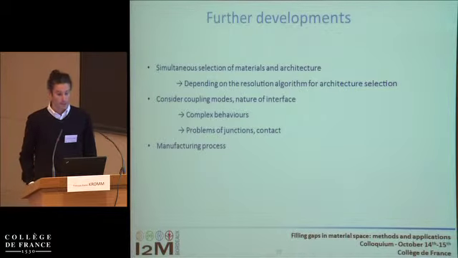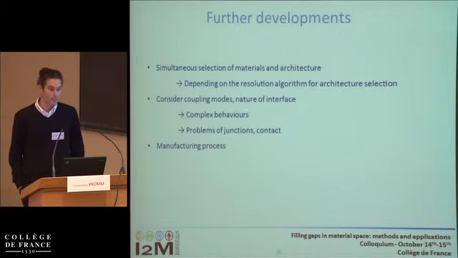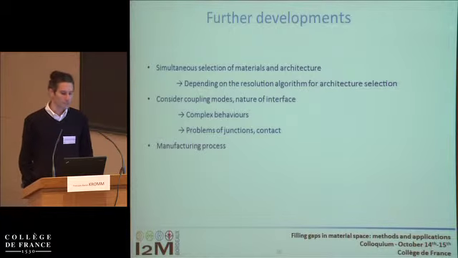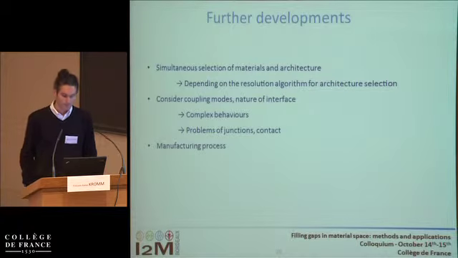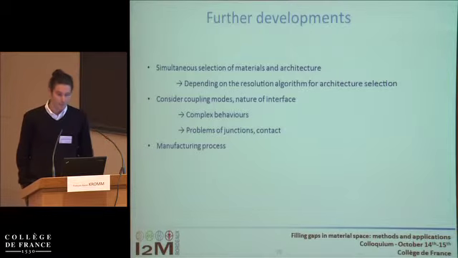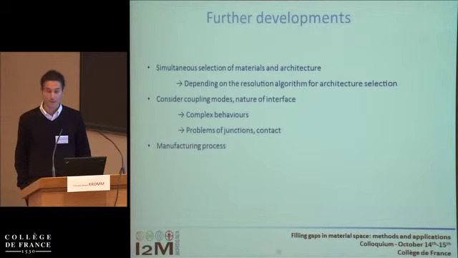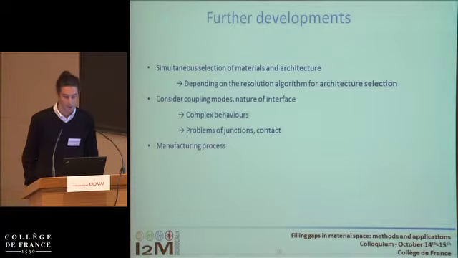So concerning this study, the further development will be the simultaneous selection of materials and architecture, which will depend on the resolution algorithm that will be chosen for the architecture selection, because it will add more parameters. Then it would be interesting to consider the coupling mode, so the nature of the interface, but which is quite complex in our case, because we need to have analytical models to make the evaluation of the solutions.